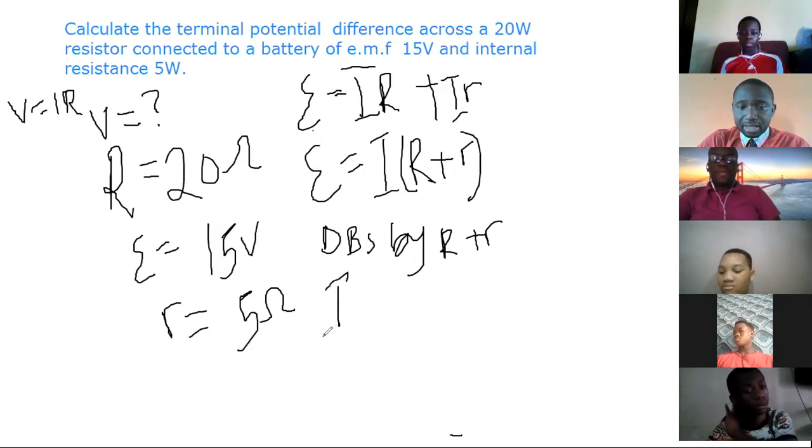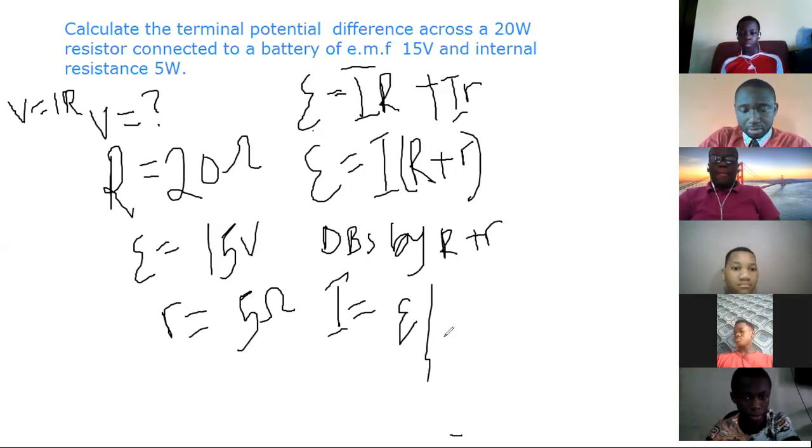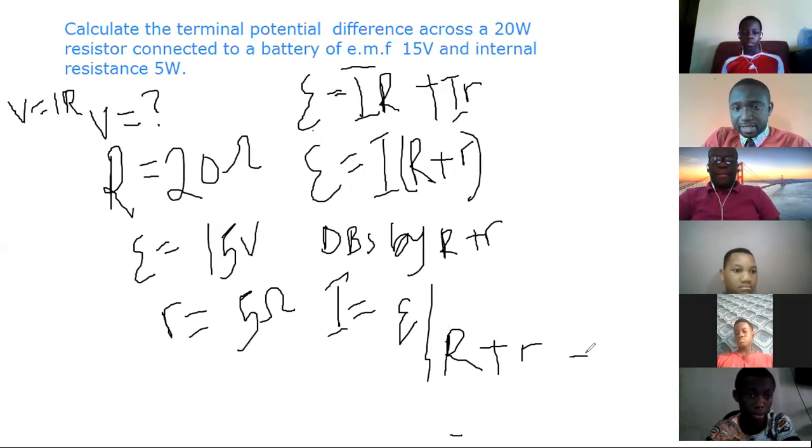So I is equal to E over R plus r. Somebody should substitute everything there and give me the answer. Now somebody should solve that.